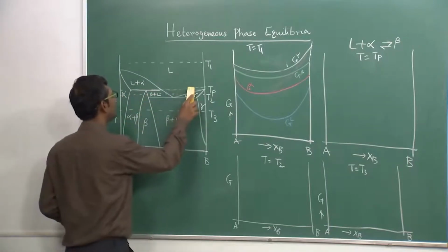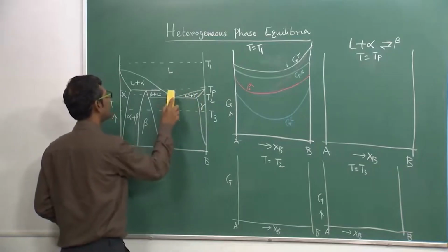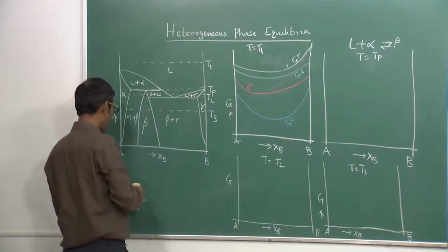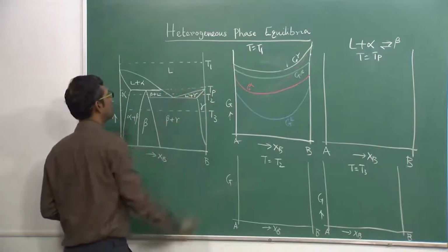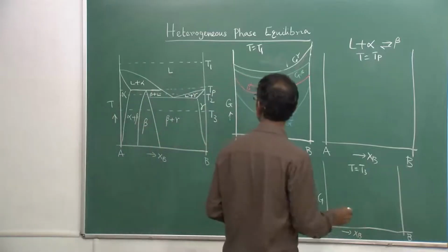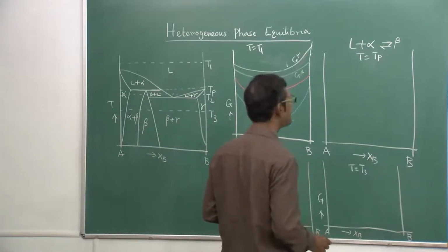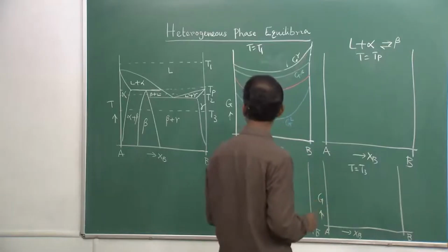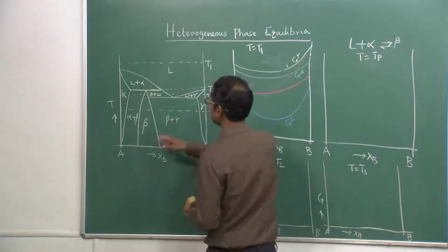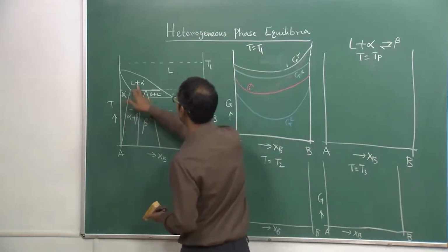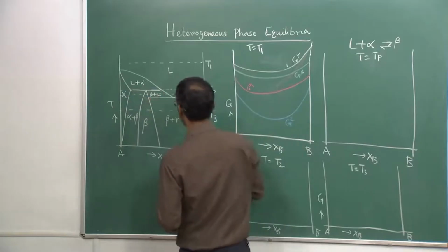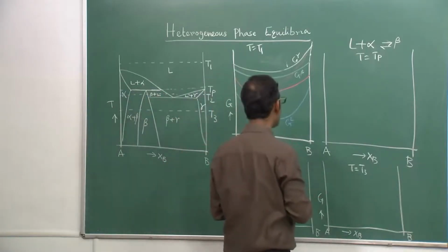So that's what you see here. So therefore it's very clear that we will have curves for the liquid, alpha and beta crossing over each other because we have a region of liquid plus alpha and beta plus liquid also. So let us draw it for the liquid.